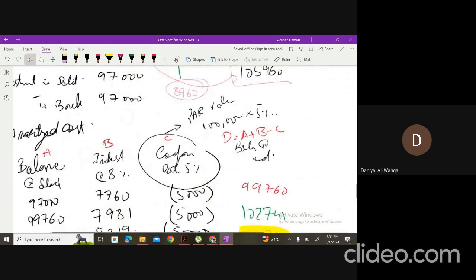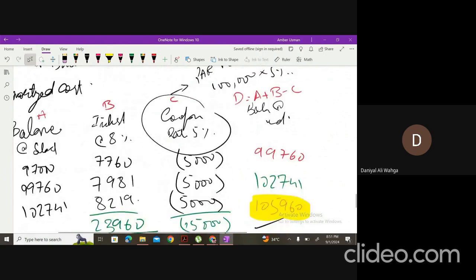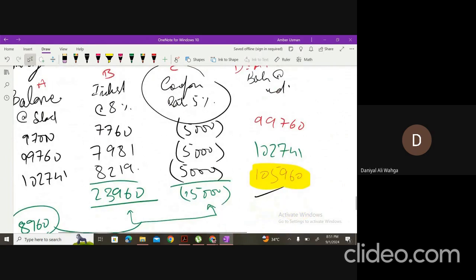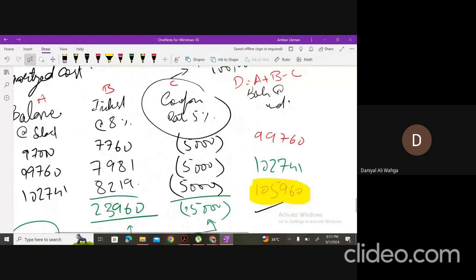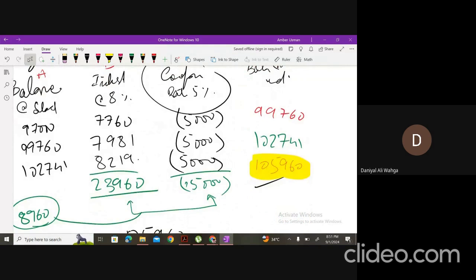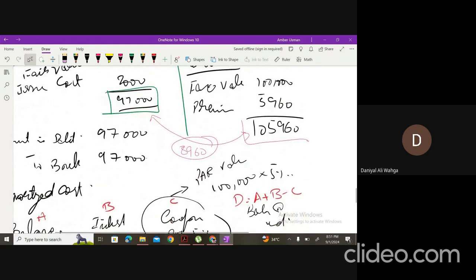Basically, this is the interest income which you have amortized effectively over the 3-year period. You need to understand that this language is given in your book, so you will not understand it just by reading it.